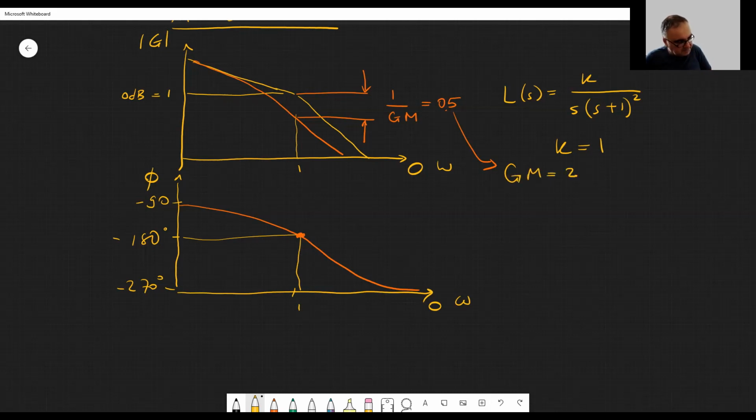Or you can take the logarithm of that to find it in decibels.